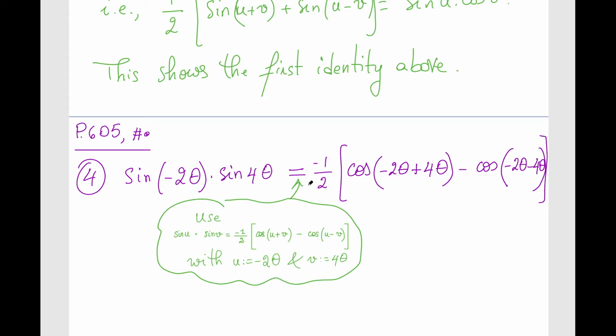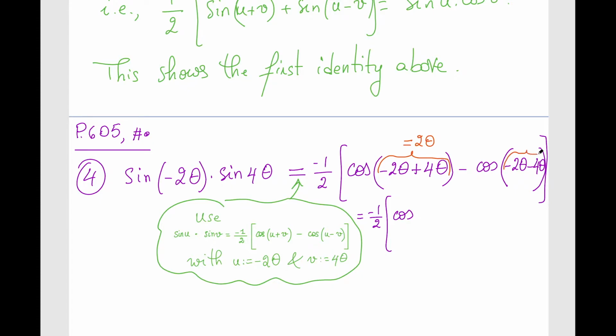All right. And now obviously we can simplify a little bit. We get -12 times cosine. What's -2 theta plus 4 theta? This is 2 theta.